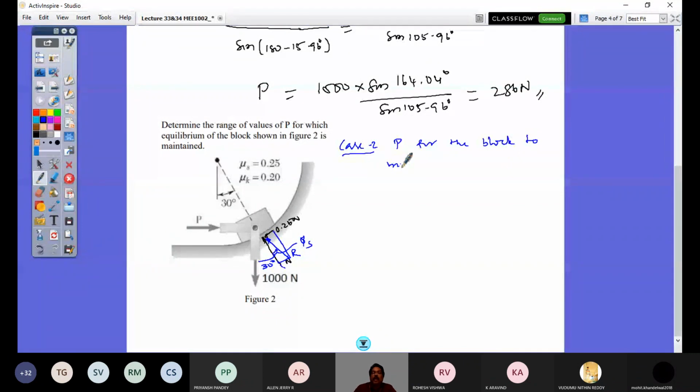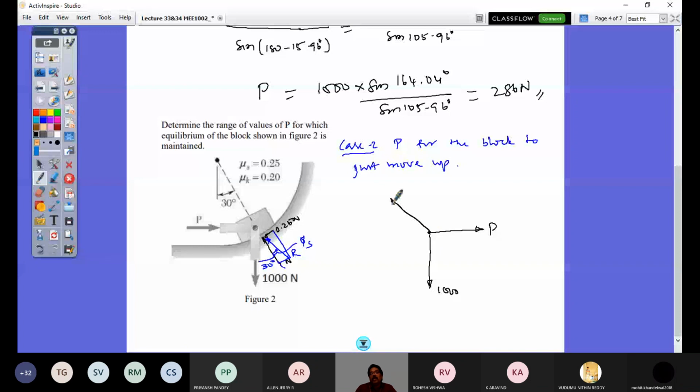So if that is so, I would redraw my free body diagram again as a concurrent system. The concurrent point is the tail of all the vectors. So 1000 Newton is the vertical weight, and P is horizontal. And my R now to the vertical is 30 plus phi s, so it is 44.04 degrees. This is R, and this angle is 44.04 degrees.